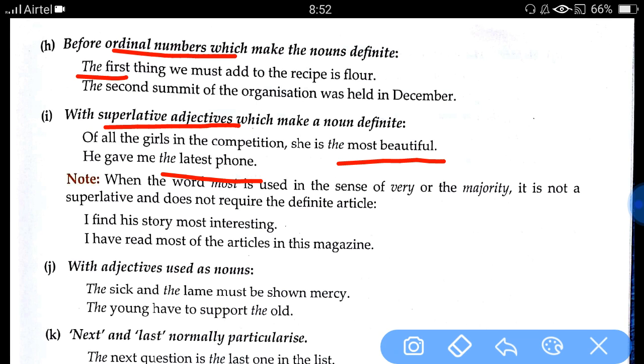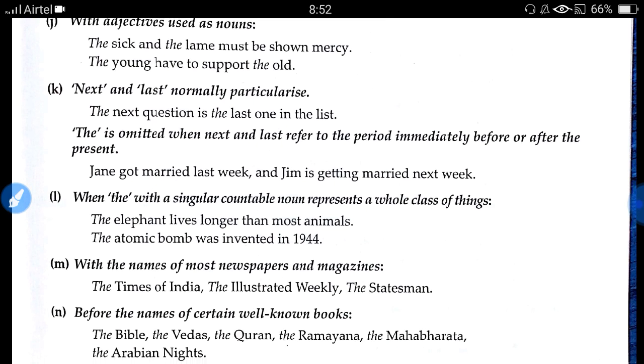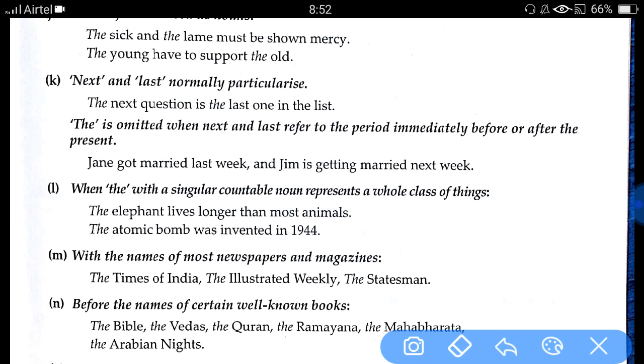Then we have adjectives used as nouns. Adjectives used as noun: the sick. The sick here means the sick people. So when an adjective is used as a noun. Next we have next and last, which normally particularize things. So the next question, or the last question.